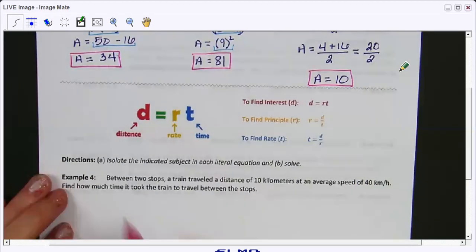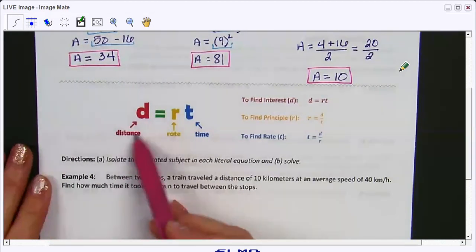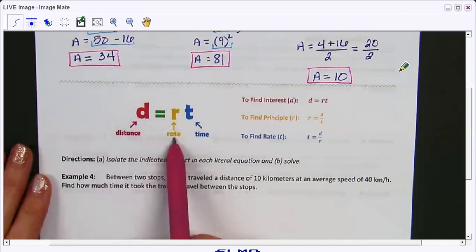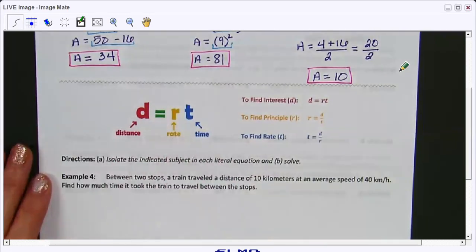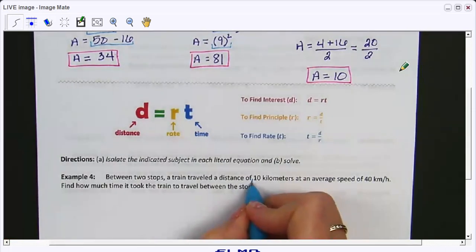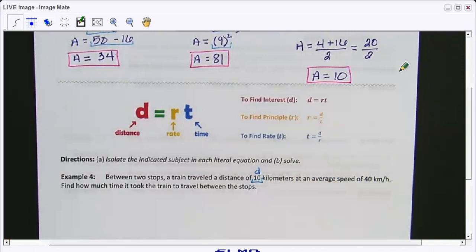So D in our distance formula stands for the distance, R stands for the rate, and T stands for the time. Okay, so it says between 2 stops, a train traveled a distance of 10 kilometers. That tells me right there that 10 is my distance.